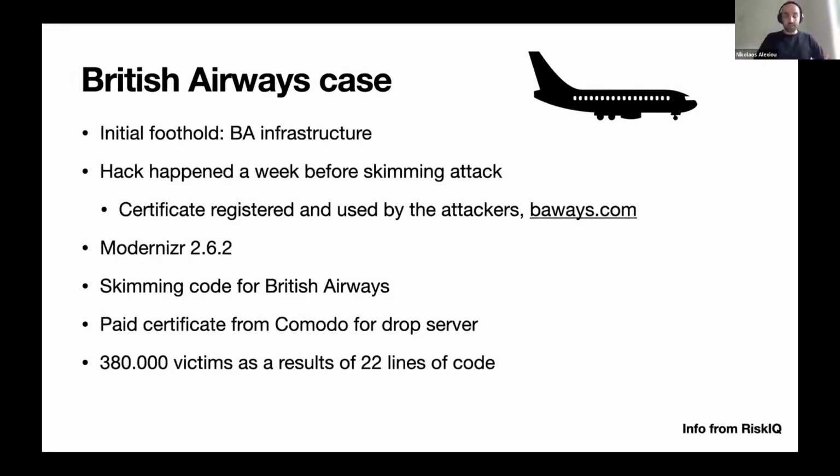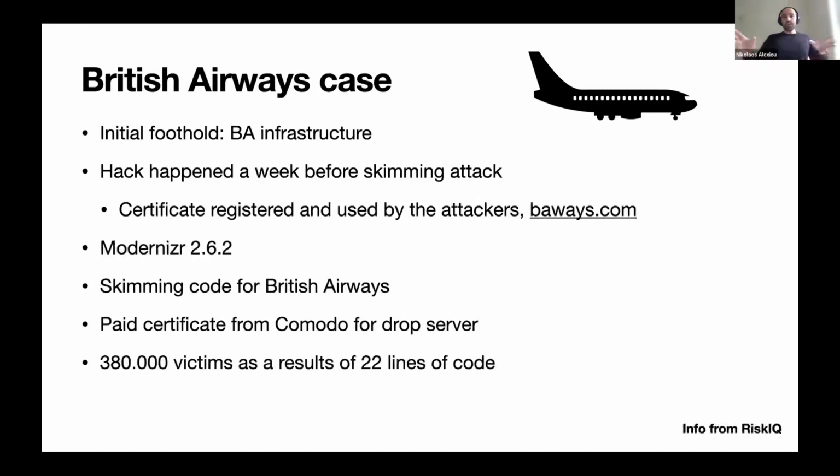And that attack, the actual breach, happened about a week before the actual skimming attack started, as we know so far. And we know that because a certificate was bought from Comodo, registered about a week before the actual skimming attack.